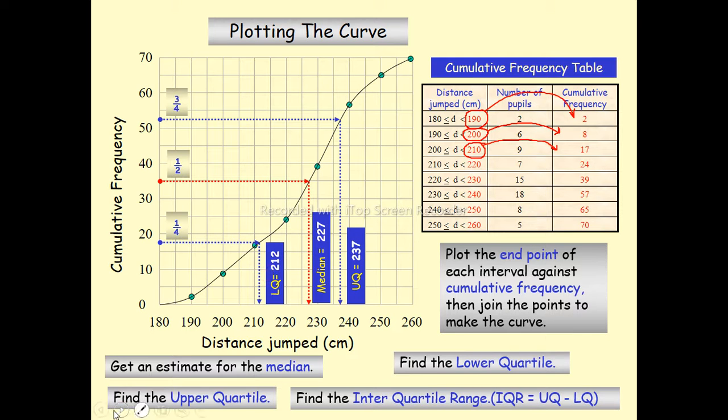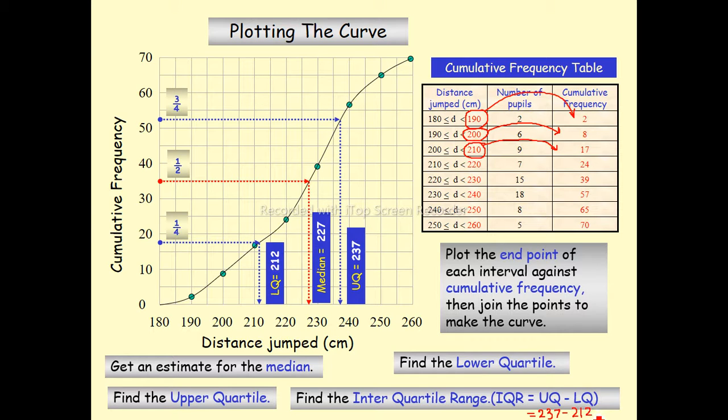We are trying to find the interquartile range, just like how we did in the last example. I don't understand why this is such a shock. We take the upper quartile, which is 237, and minus it with the lower quartile, 212.